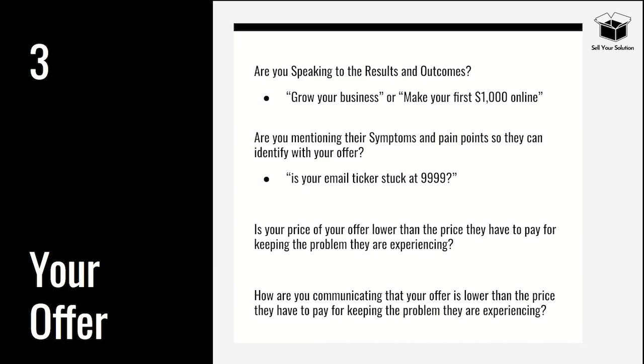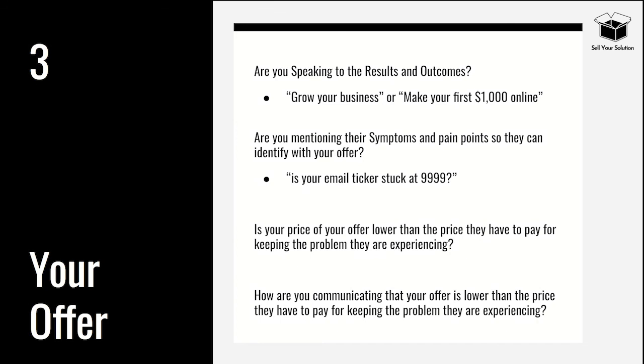So if you tell them, hey, make your first $1,000 online, independent of how much business they have right now, how big it is, $1,000 is very easy to comprehend from all walks of life, and they can easily assess your offer. So that's a great way to be specific. So think about your offer right now, everything you've written down, and double check, is it really specific?